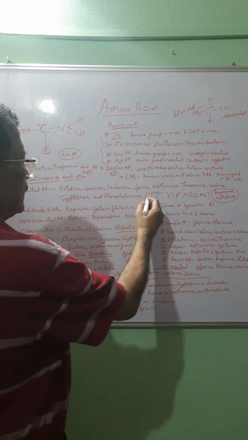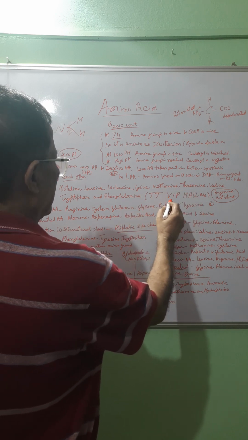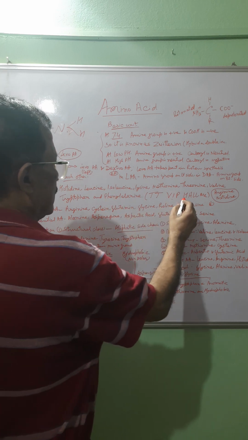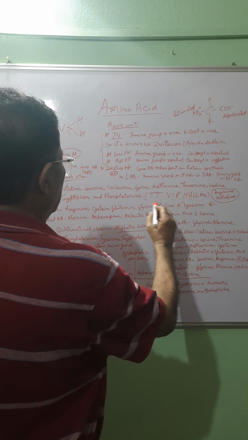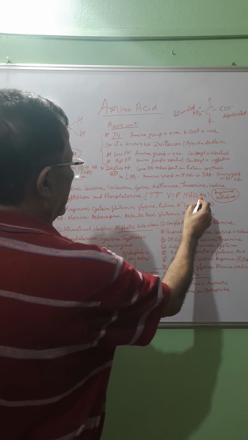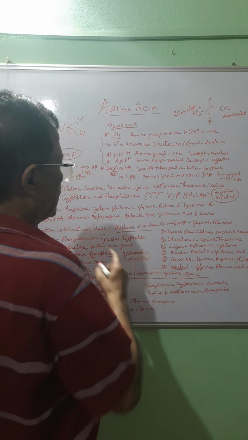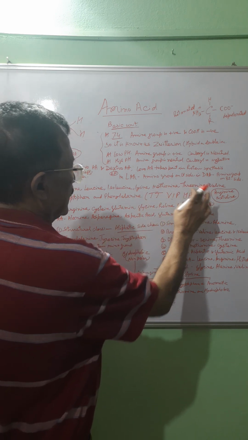That is T for threonine, tryptophan, V for valine, I for isoleucine, H for histidine, A for arginine, L for leucine, L for lysine, and Me for methionine.